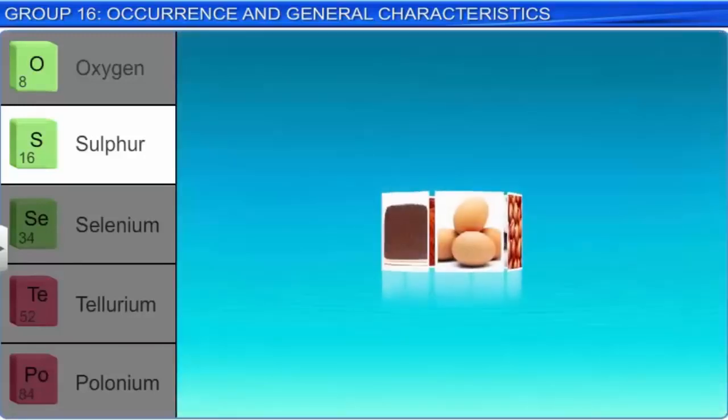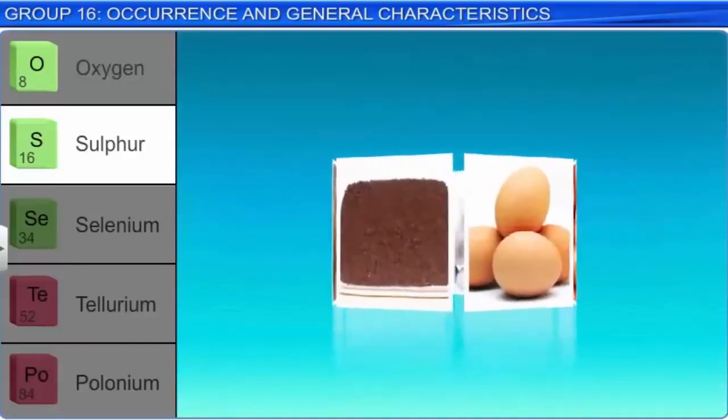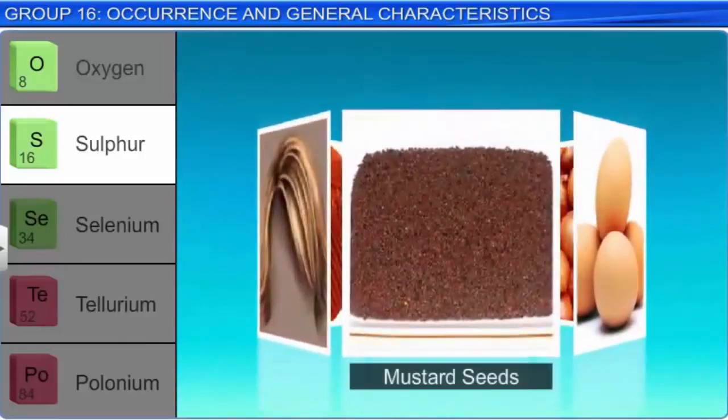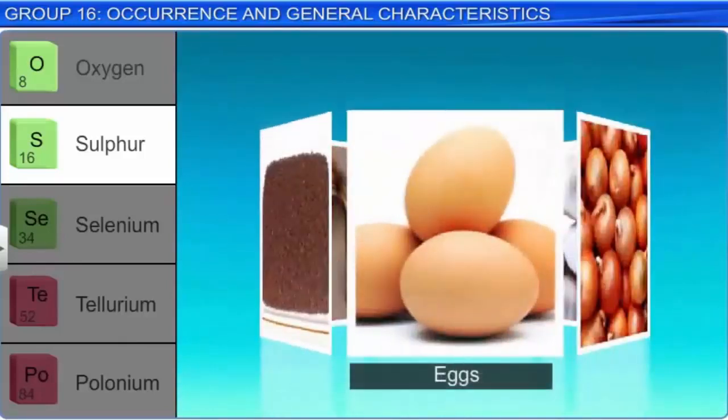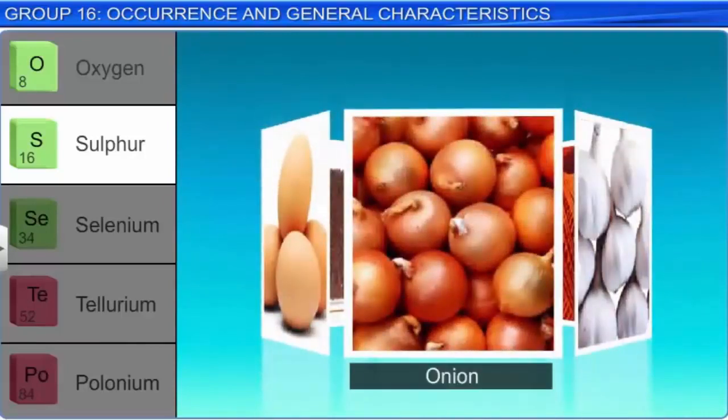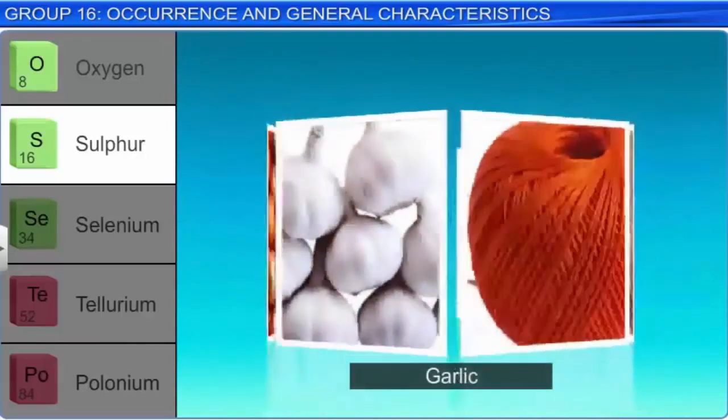Sulfur is also present in organic substances like mustard seeds, eggs, onion, garlic, wool, and hair.